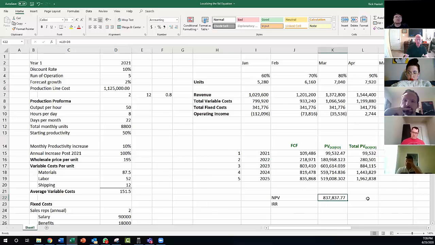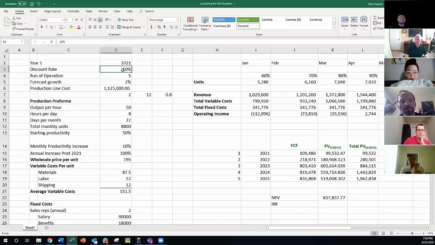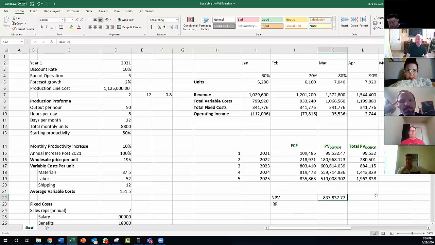Yeah. But I think it's just the opposite. In fact, I think the technical term for what I'm going to expect on this IRR is hunkin'. It's going to be massive, right? Because we invested $1,125,000, and based upon this net present value, we got our discount rate of 10% plus we got an extra $837,000.